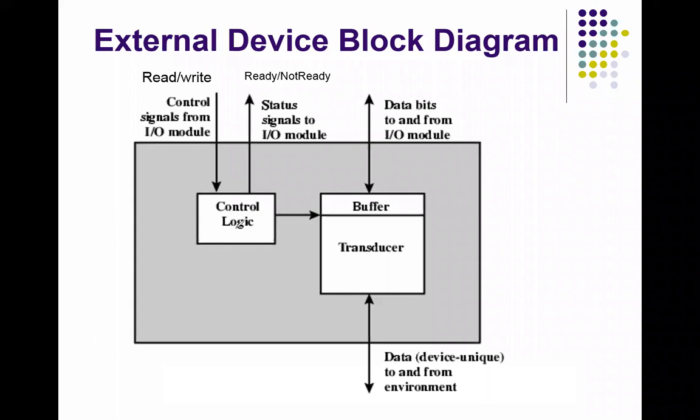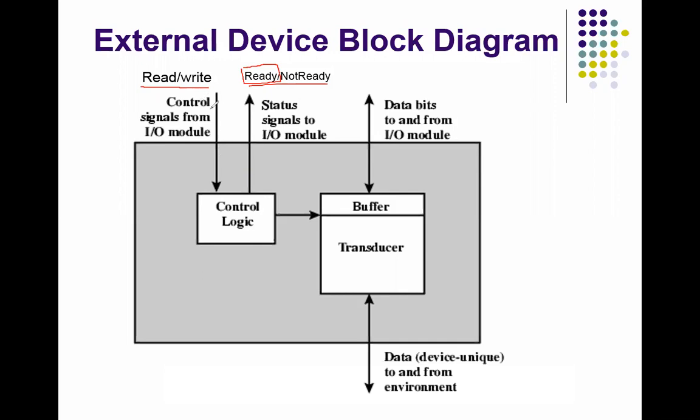Obviously, the control logic is required because we have to check whether the peripheral is ready or not ready, right? So from here, actually, it will get the status signal, like it is now ready to accept the data. So ready. Then the control signal is for read or write.